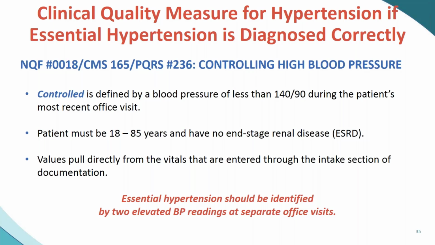Well, what is it that you can get out of that report? If you run that report and sort and put your numerator patients, those under control, in one category, the rest of the denominator are going to be those that are out of control.